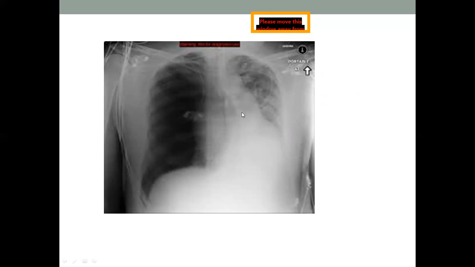Here the venous return to the heart through the superior and inferior vena cava will be compromised. If the preload is not coming to the heart, blood is not coming to the heart, so there will not be enough cardiac output, and there will be low BP and shock.